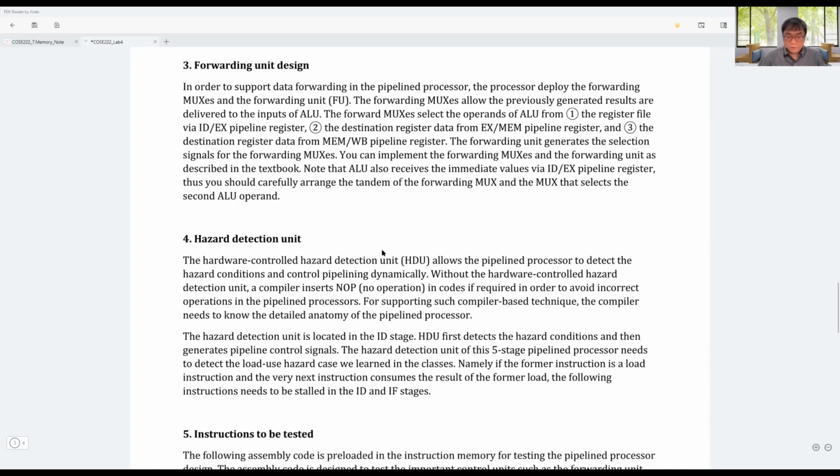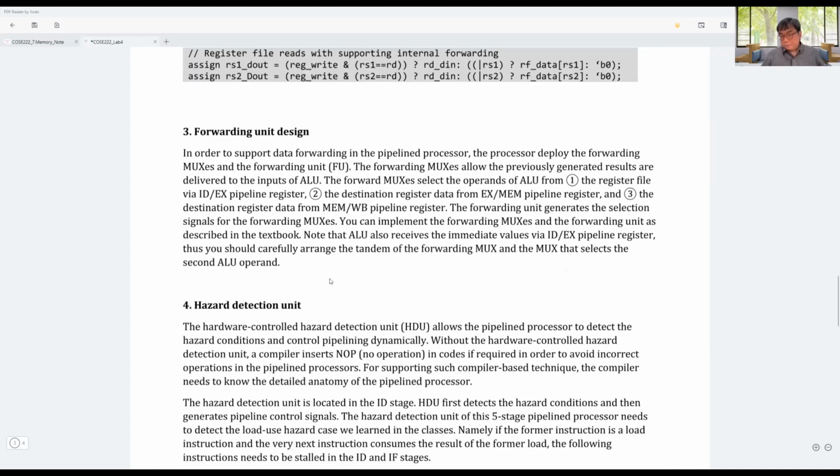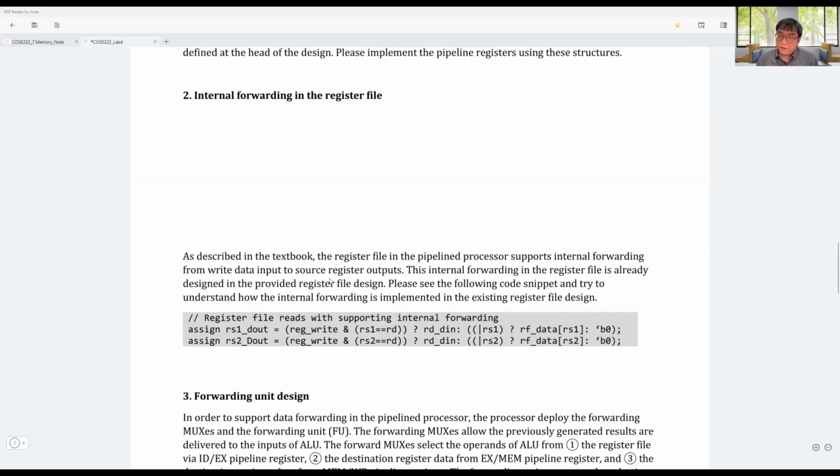And like the previous design lab, I provide the instructions, which are loaded into the instruction memory, and I also provide the initial data of the data memory and the initial data of the register file. So you need to complete this.